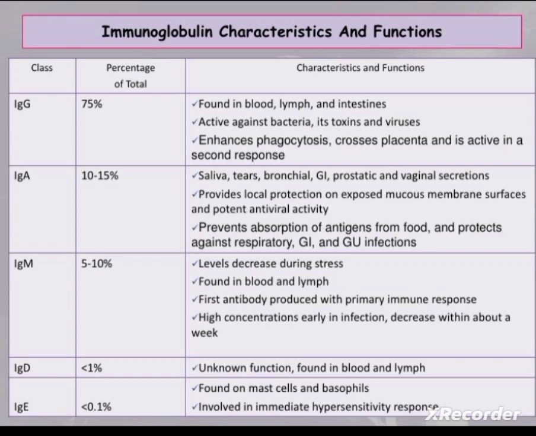And this IgG enhances phagocytosis and it also participates in complement fixation, neutralization of toxins, viruses, etc. So this is the most abundant immunoglobulin present in our body.